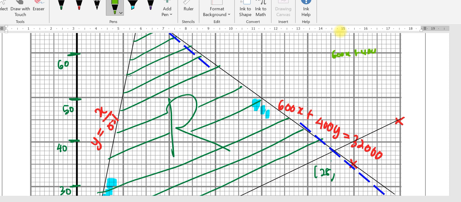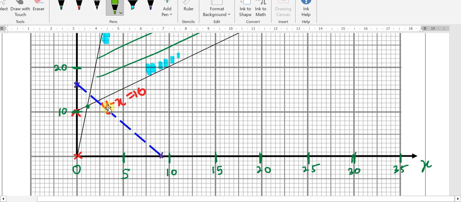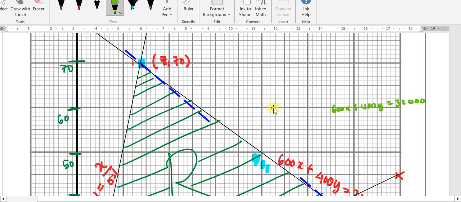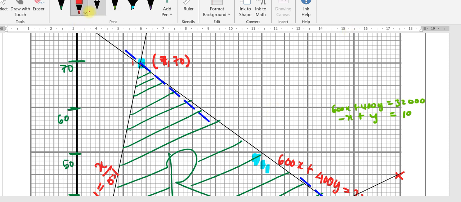600x plus 400y is equals to 32,000 kan? And then it intersect with which line? Negative x plus y equals to 10. Try to key in your calculator and dapatkan x value and y value.